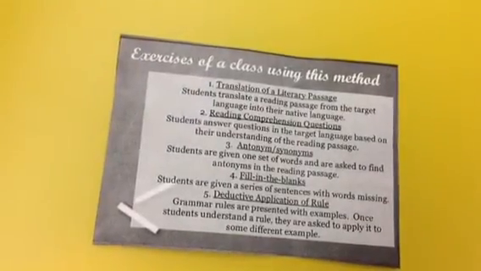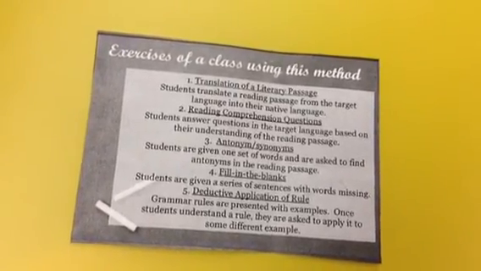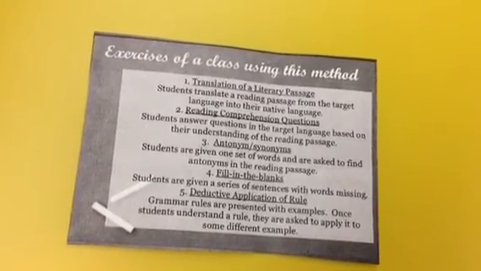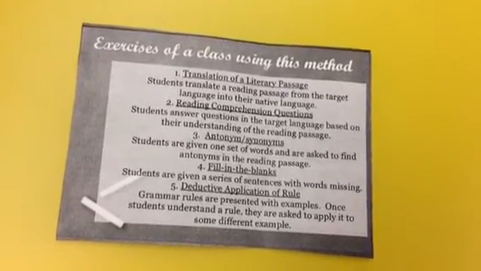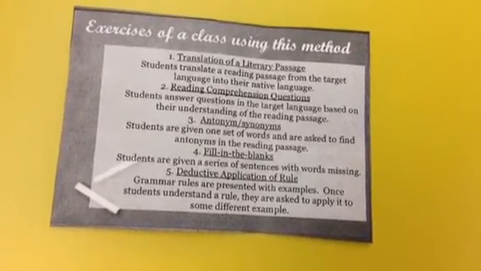Additional exercises of a class using this method include translation of a literary passage, reading comprehension questions, antonym and synonym study, fill in the blanks, and deductive application of rule.